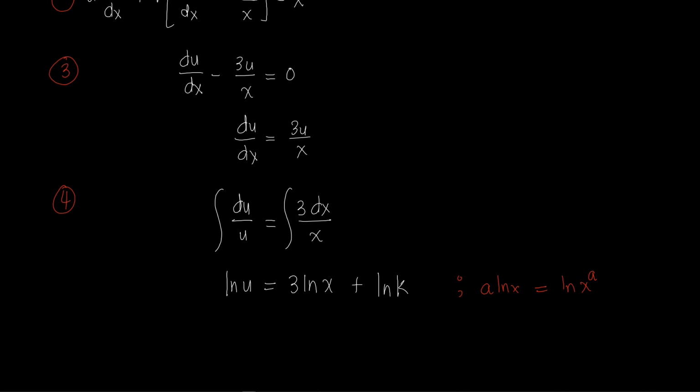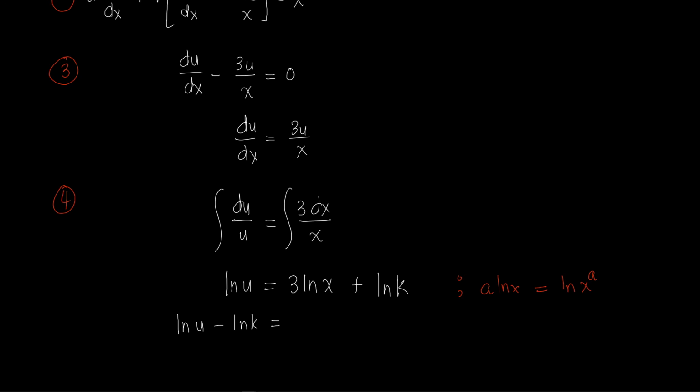With that, pwede natin, lipat na lang natin yung ln k dito sa kabila para makombine sila. Magiging ln u minus ln k is equal to 3 ln x.